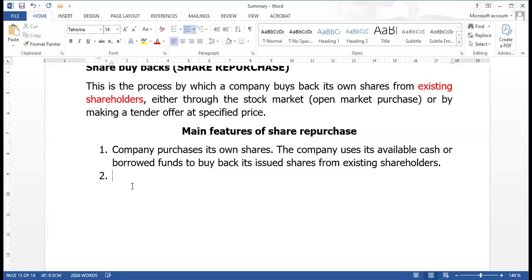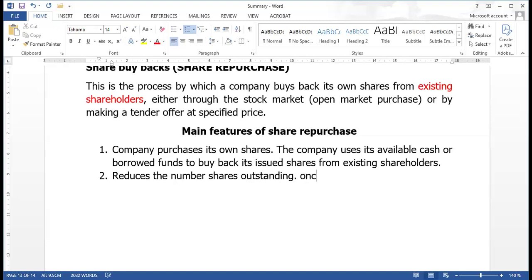Then number two, the main feature is that the share repurchase reduces the number of shares outstanding. Very key.